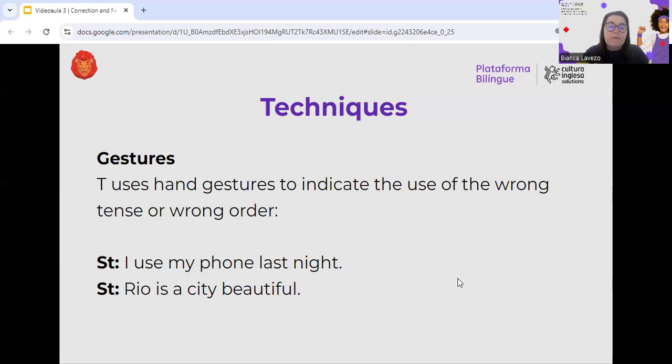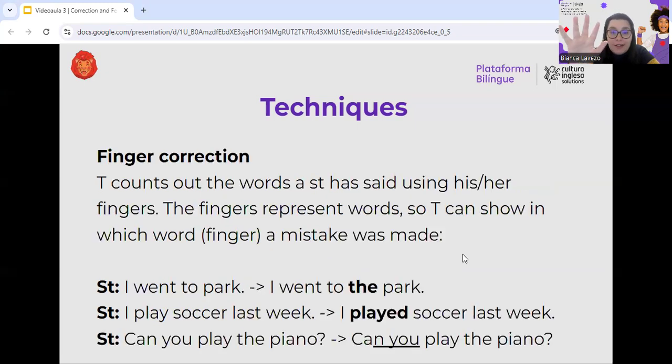Beautiful city, right? The third technique is also connected to your hand, but in this case, your fingers, actually. It's called finger correction, and it's the one that the teacher counts out the words that the student has said, right? Using their fingers. So the fingers represent the words. So the teacher can show in which finger, in which word, the mistake was made.